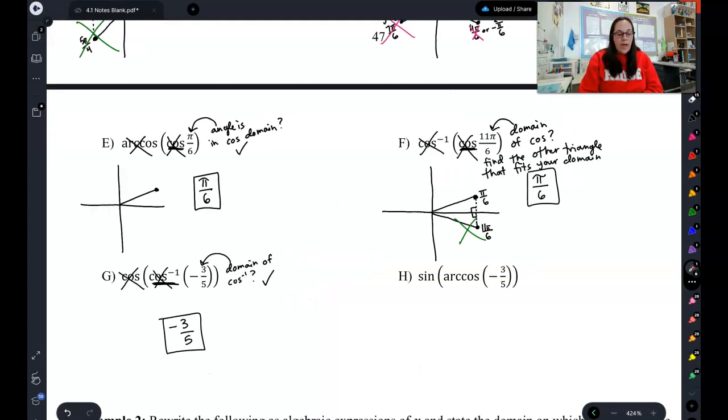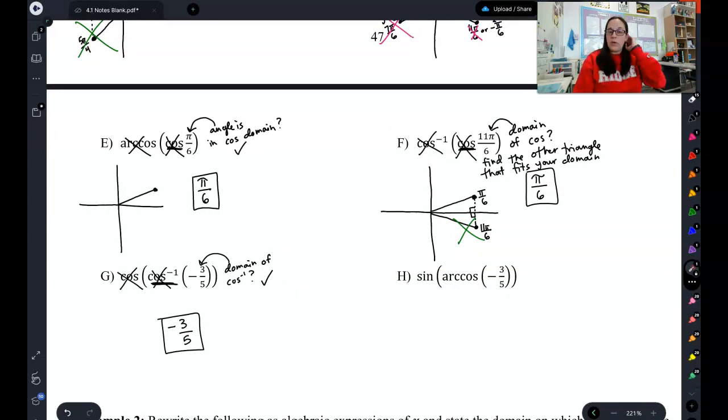So that is what we're looking at when you have ones next to each other that will cancel. So you have like cosine, arc cosine next to each other, arc cosine, cosine next to each other. They cancel each other out if it's in the domain. If it's not in the domain for the angles, then find the other triangle that is in the domain.